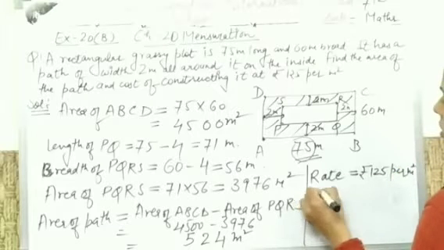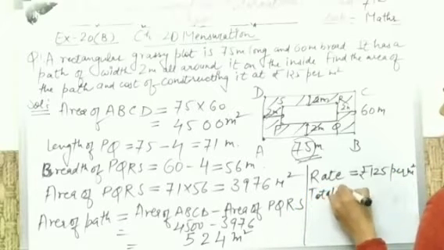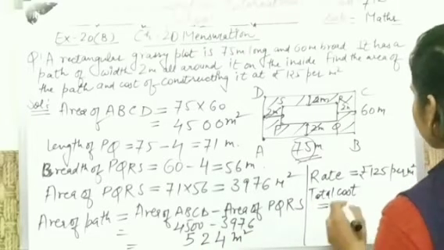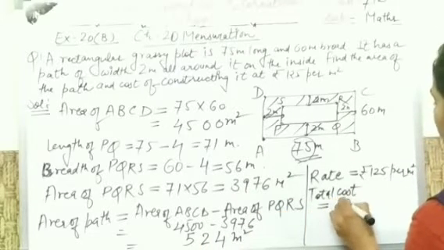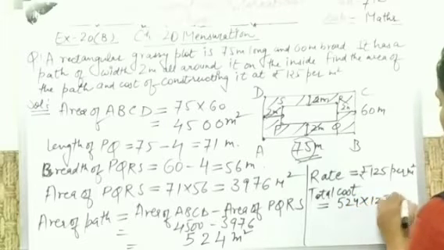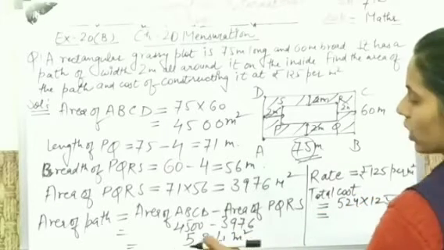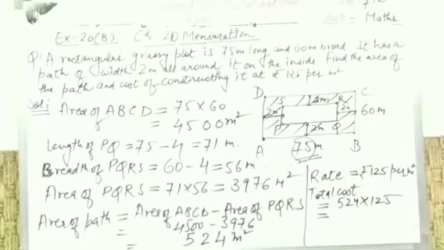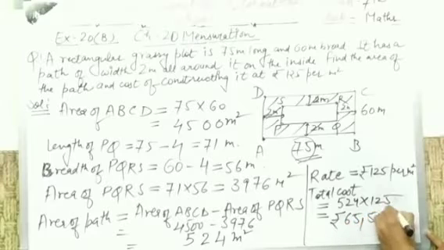So total cost is equal to 524 into 125, because we have to find it according to the area of the path. When we multiply it, we'll get rupees 65,500. This is the answer. I hope you have understood.